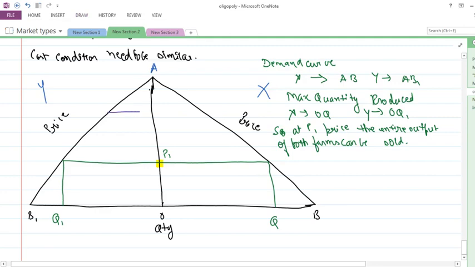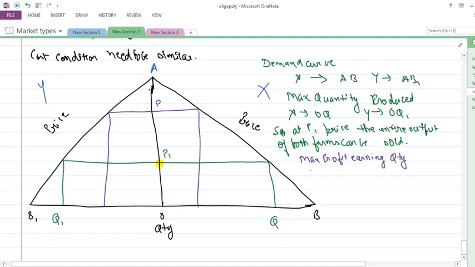So the price can be raised to this extent. So it is P.